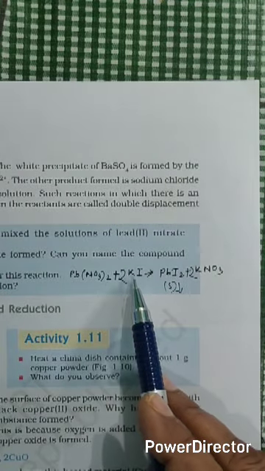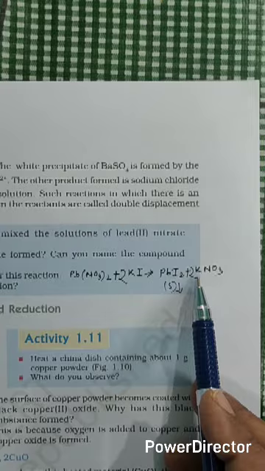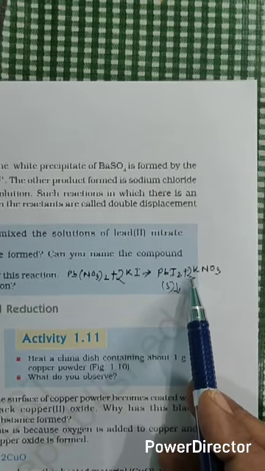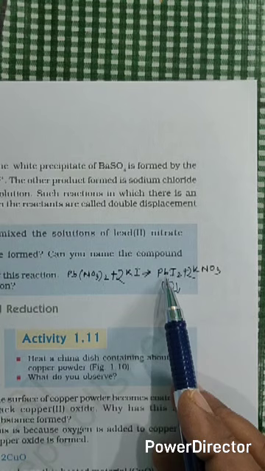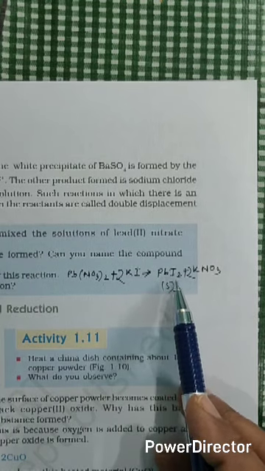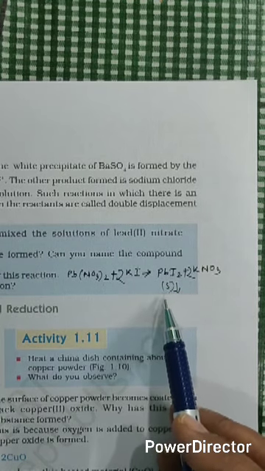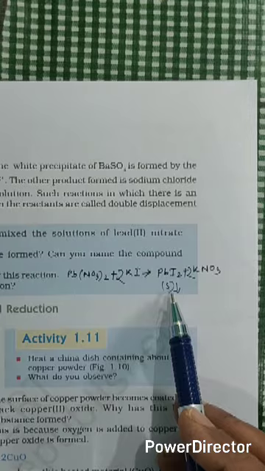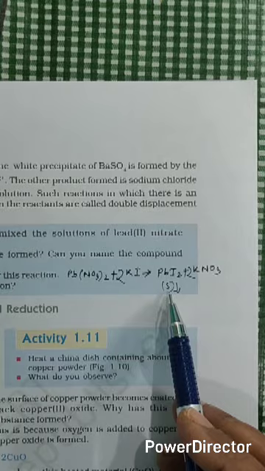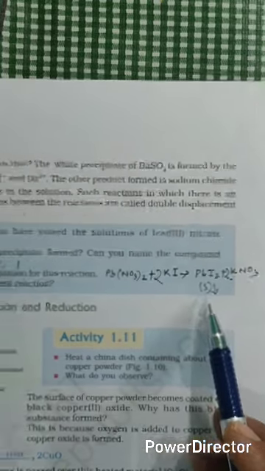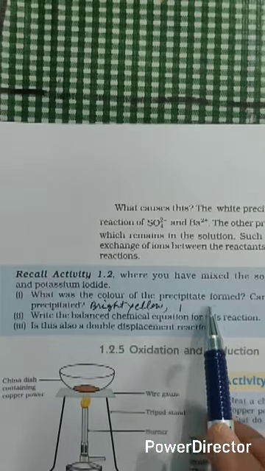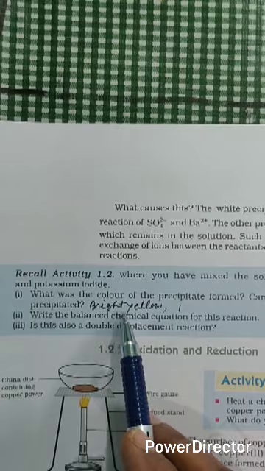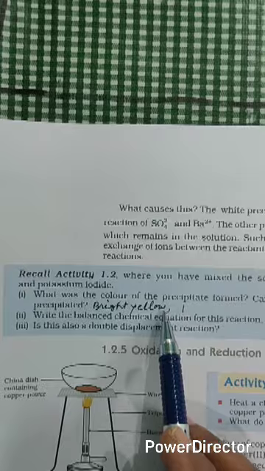Potassium is a more active metal, so that will be in the solution. And lead iodide, lead is less active than potassium, so that will be precipitated in solid form at the bottom of the vessel. So the question is, what was the color of the precipitate formed? That will be bright yellow.